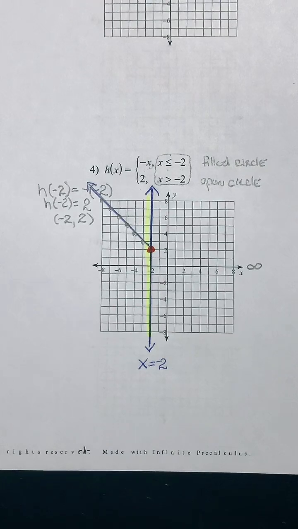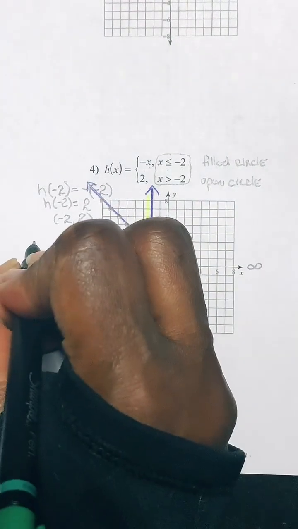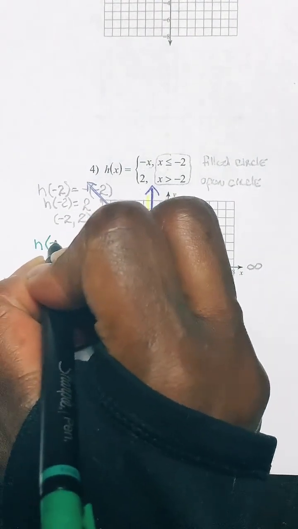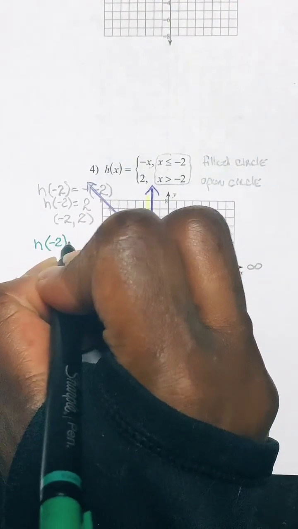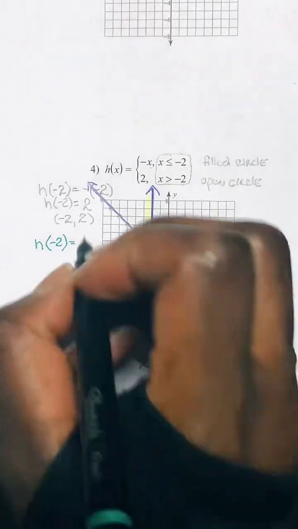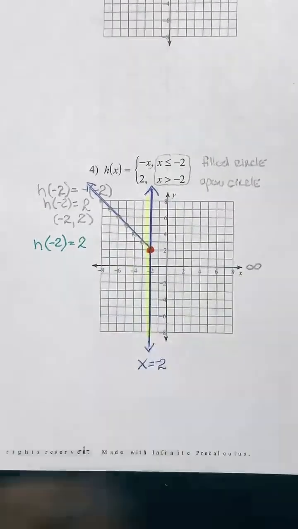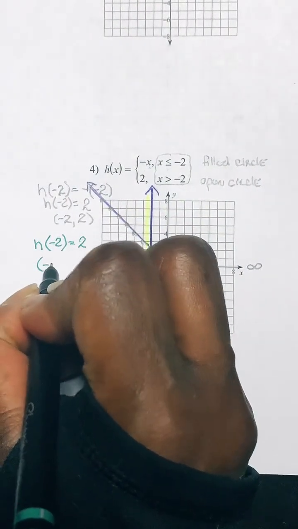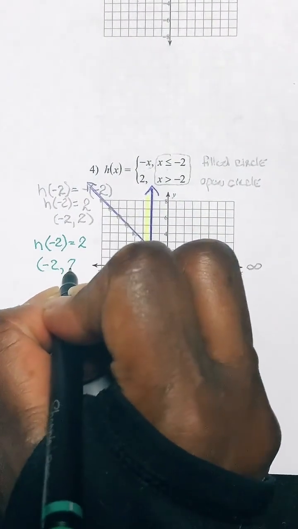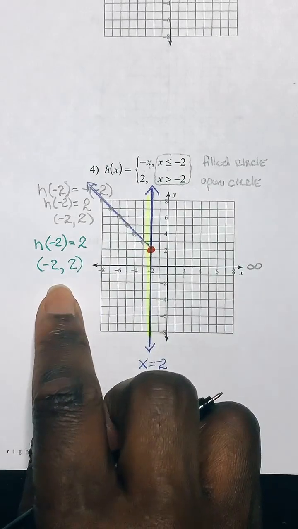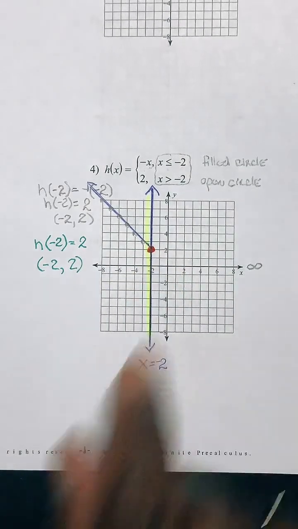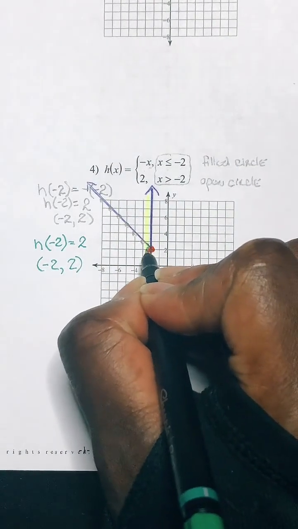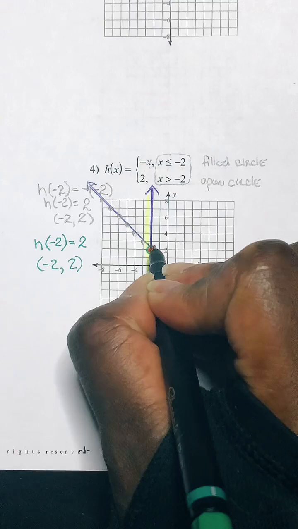If I want to say the h of -2. And this time we only have 2. So this is telling me at point -2, 2, I'm supposed to put an open circle there as well. Okay, so here's -2, here's 2, here's an open circle in that same spot.